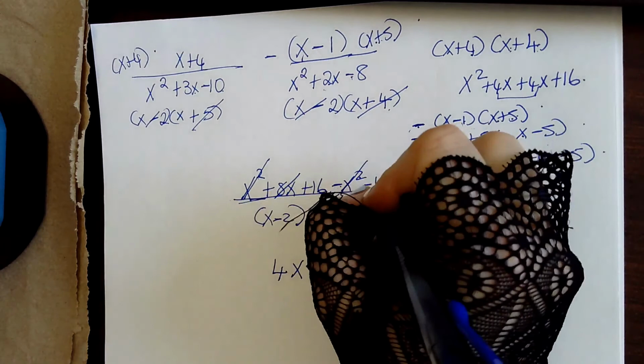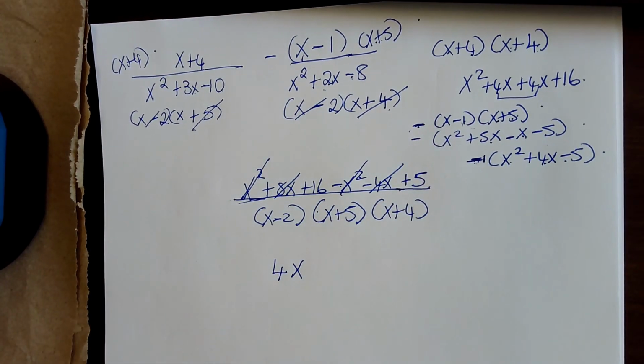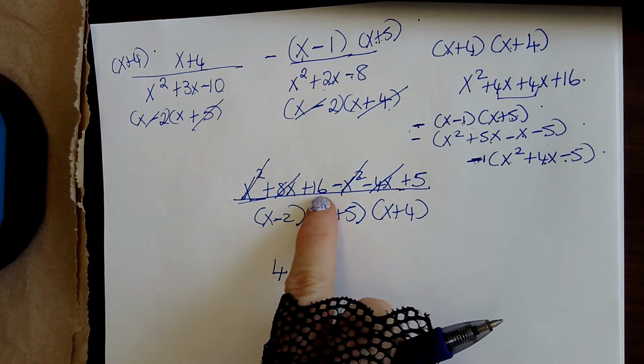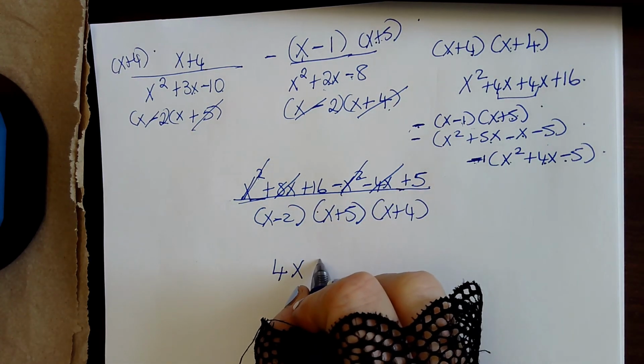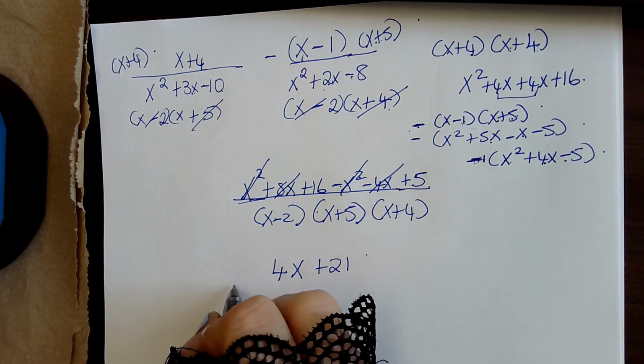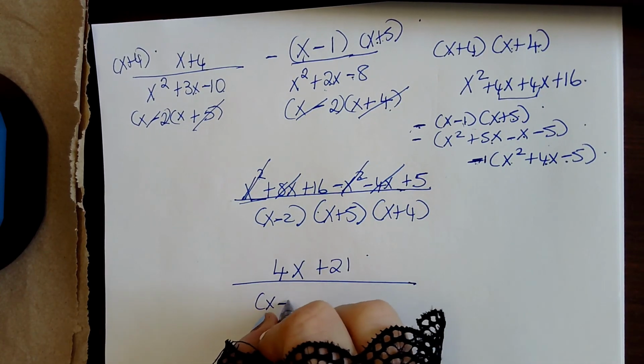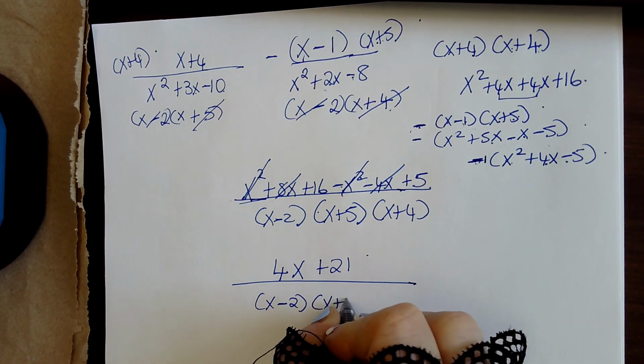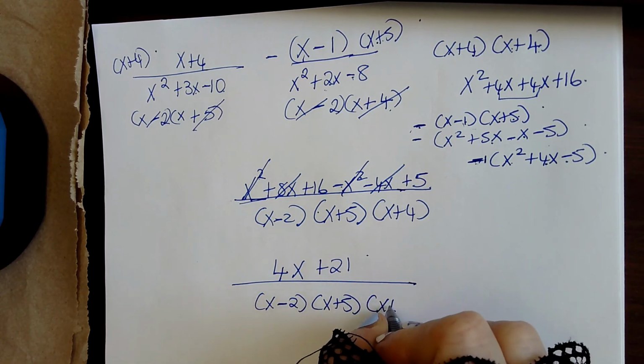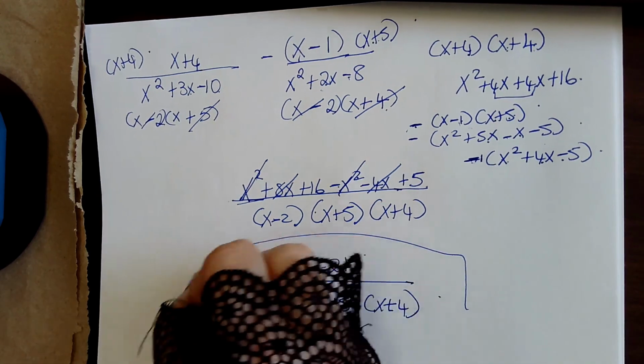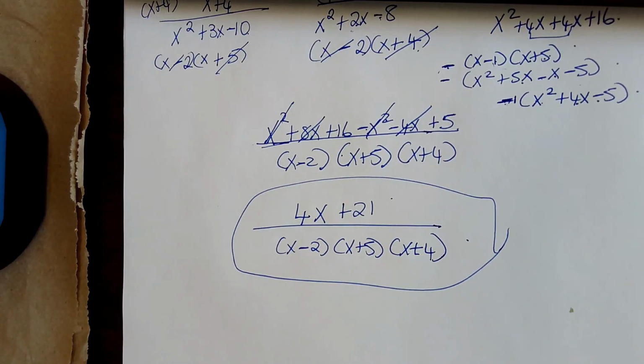Okay, once I'm done, I just put my pencil through, meaning I've used the x's and I don't get confused. 16 plus 5, that is plus 21, all over x minus 2, x plus 5, and x plus 4. That is the final answer when you subtract. Or if you were to add, the biggest thing with the subtraction is don't forget that negative sign. That's what's going to change everything.